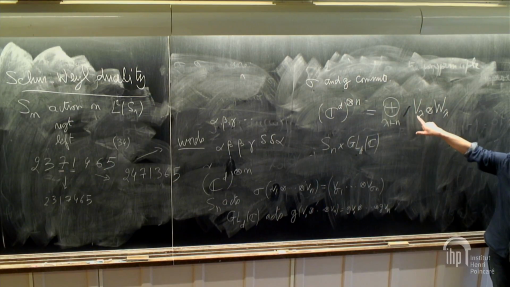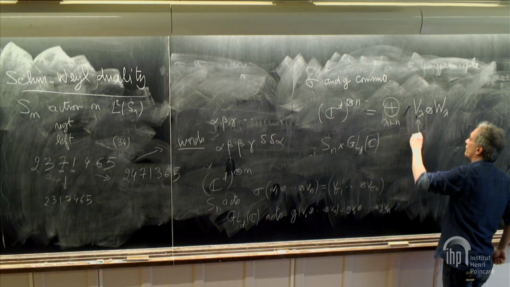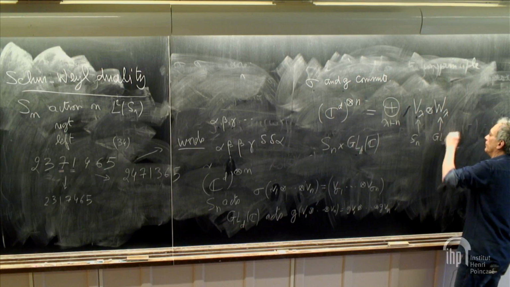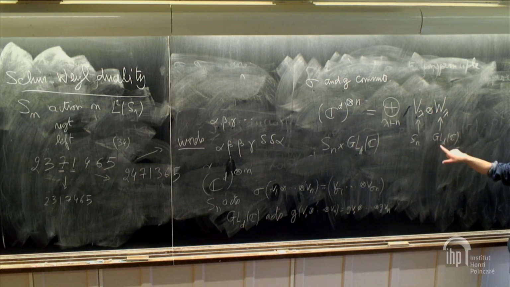So V lambda will be just a space carrying the representation of the symmetric group. And W lambda will be an irreducible representation of GLd of C.